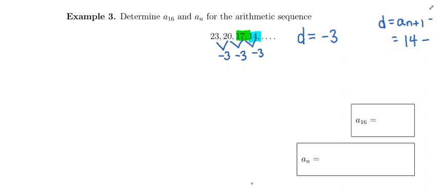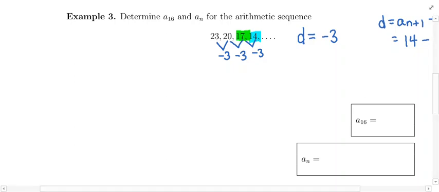It doesn't matter which order you do this in. If you want to find A16 first, go for it. If you want to find the formula first, that's great. My personal preference is to find the formula for AN first, and then you can use it to calculate A16. So that's where I'm going to start.